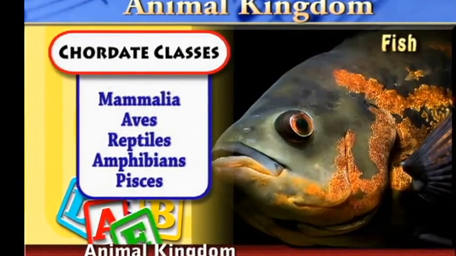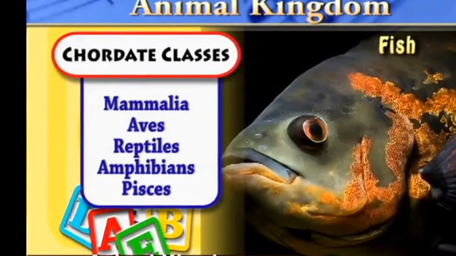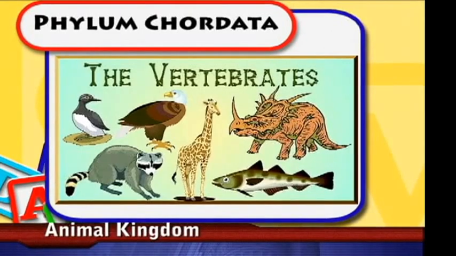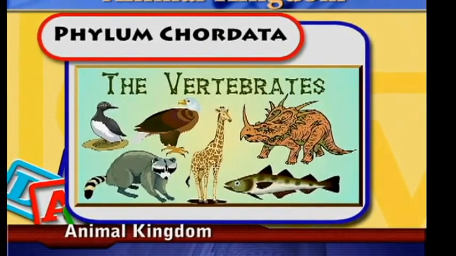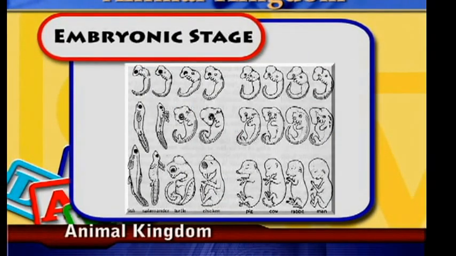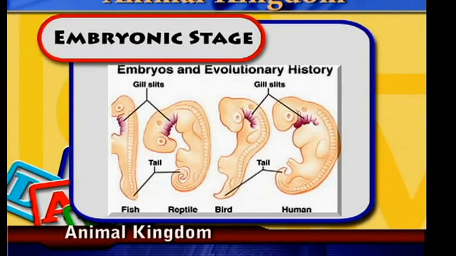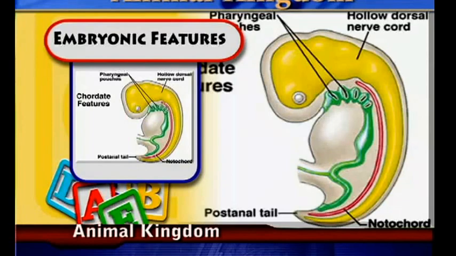All of them are put in the same group, which is phylum Chordata. The reason why they are put in phylum Chordata is that in their embryonic stage, they have common features.